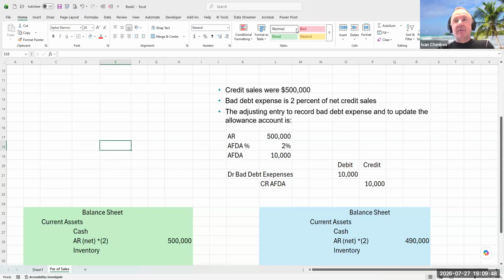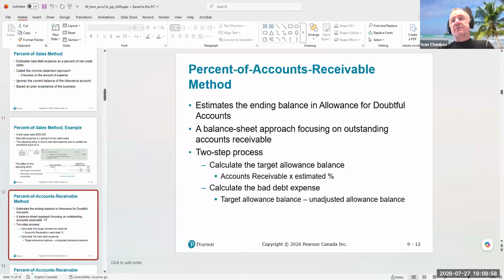The second method is called percentage of accounts receivable. Now, what's the difference? In the second method, we're not going to calculate the expense, we're going to calculate the balance of the allowance for doubtful accounts.